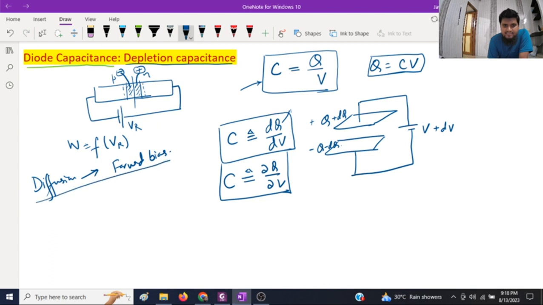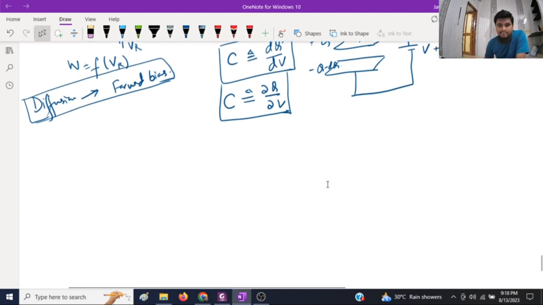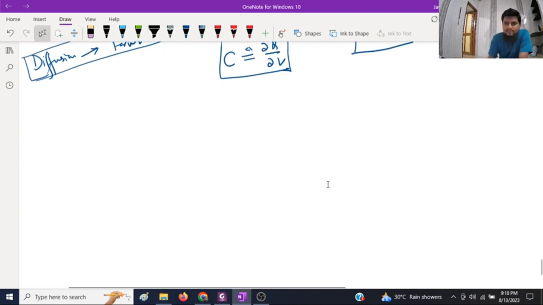Okay. In reverse bias, this diffusion current is very small and also the diffusion capacitance. So in this video, we would be talking about depletion capacitance. So let's see what exactly happens inside the junction when we are changing a slight reverse bias.